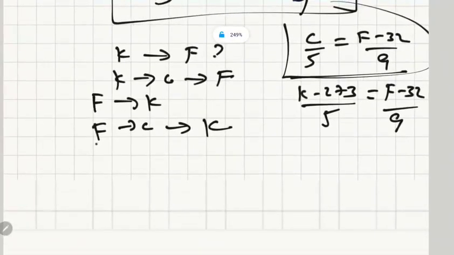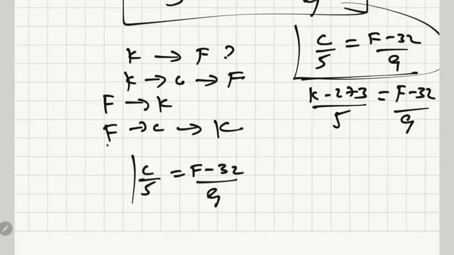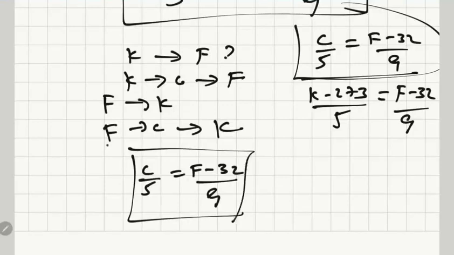So let's summarize. Before we finish the discussion, let's summarize. The Celsius reading divided by 5 is equal to the Fahrenheit reading minus 32 over 9. This is one important relation. Whenever you are asked F and given C, you derive the expression for F. And whenever you are asked C and given F, you do it either way.